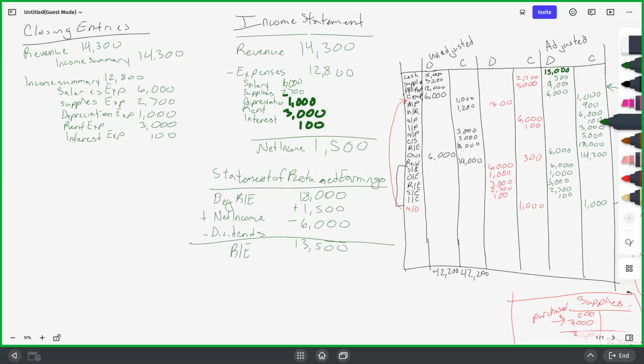How's that going to look in our closing entries? Income summary debited, retained earnings credited, for 1,500.